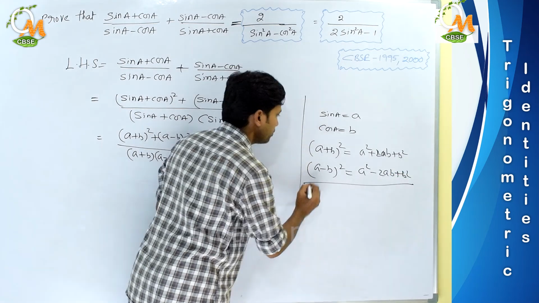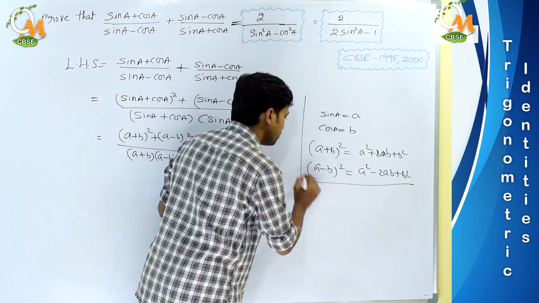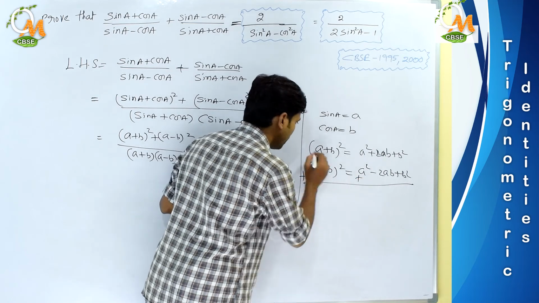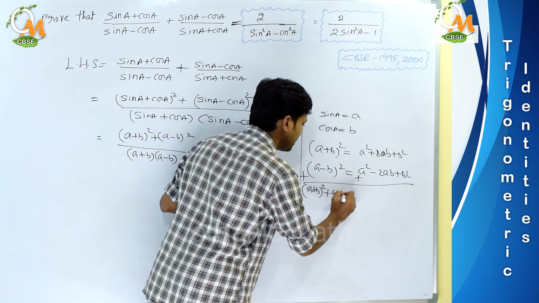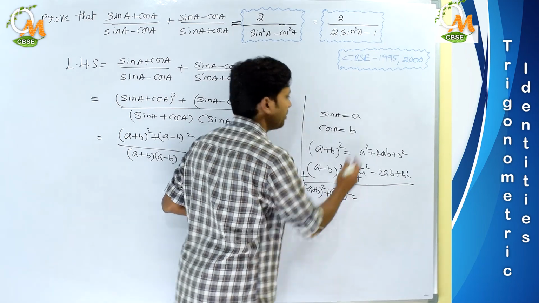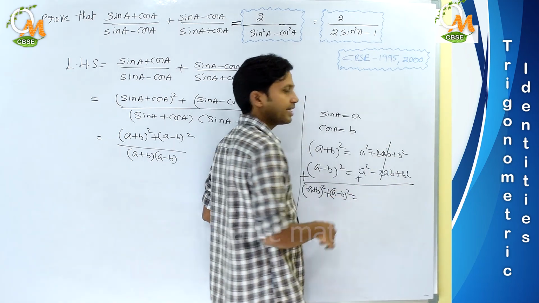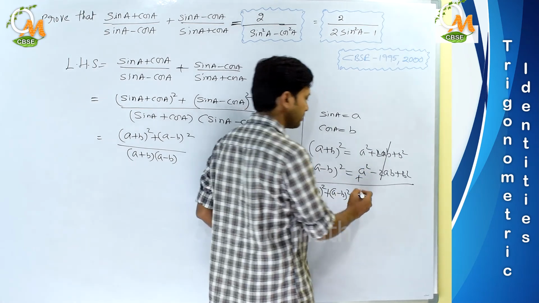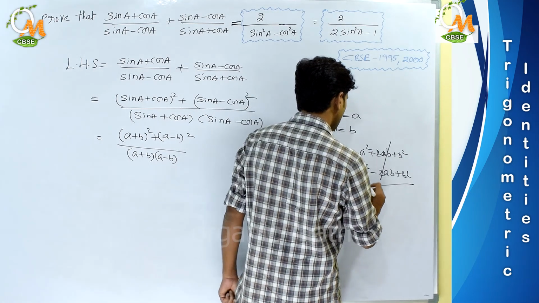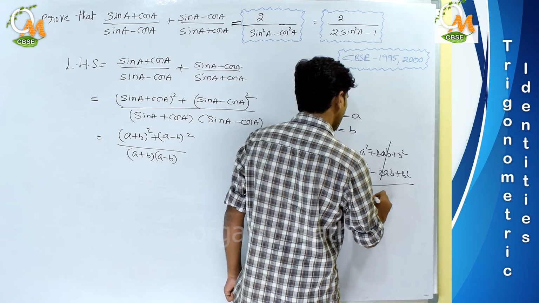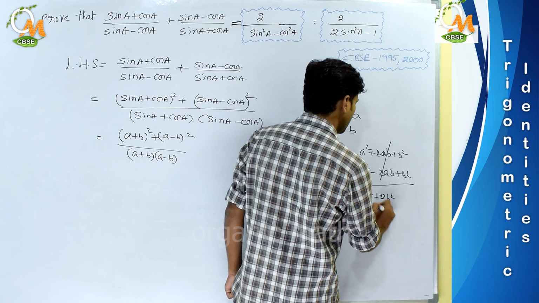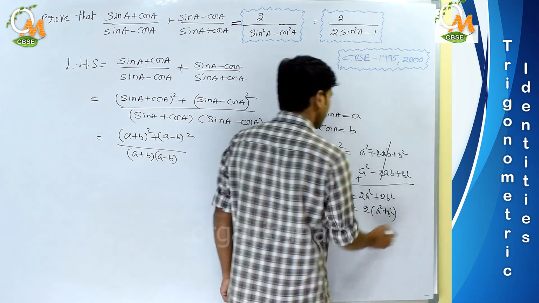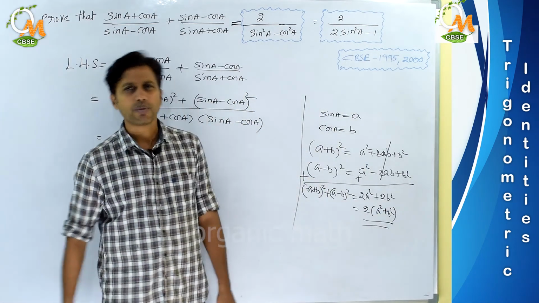Adding these two, the 2AB terms get cancelled and the A square terms are added twice. 2 into A square plus 2 into B square, or we can take 2 common: 2 times A square plus B square, which can be used as a standard formula also.